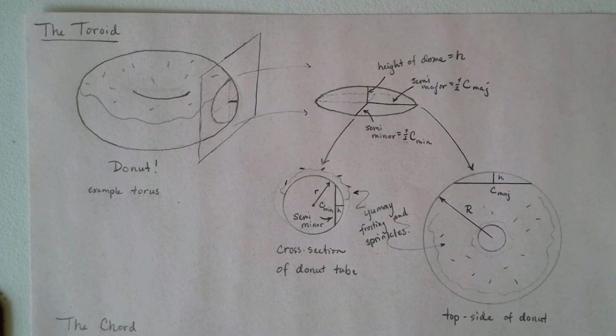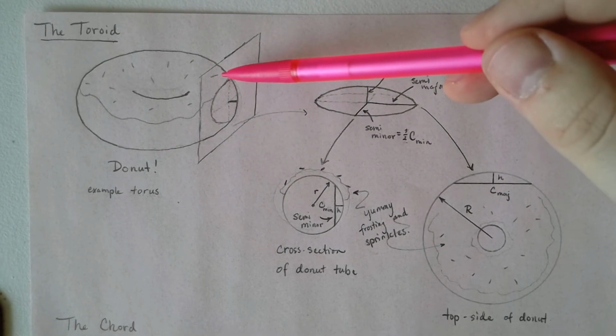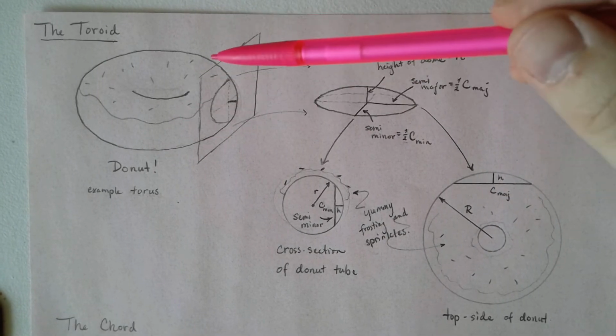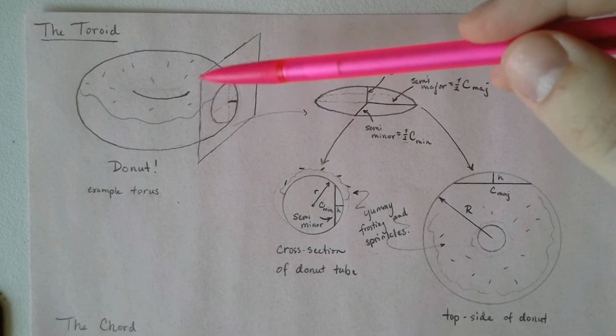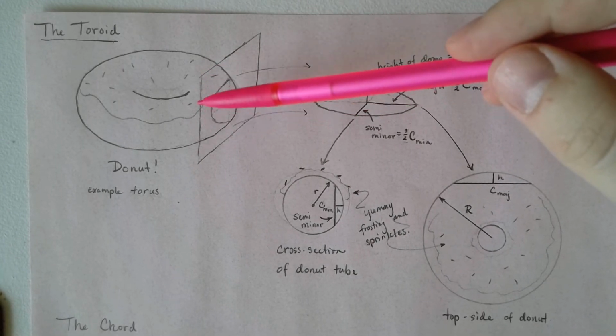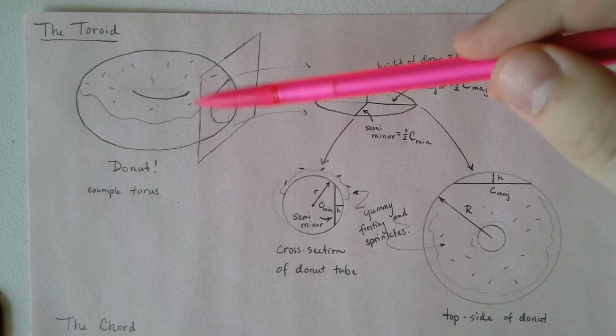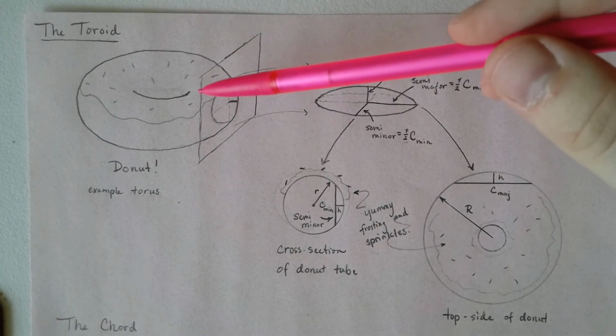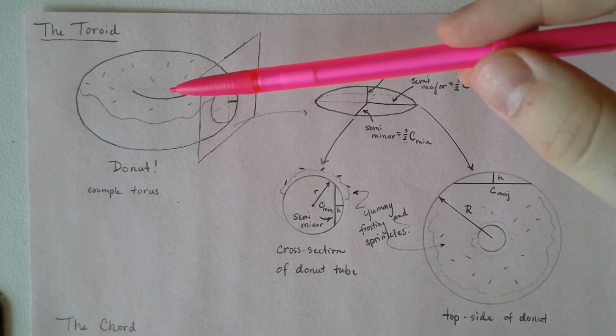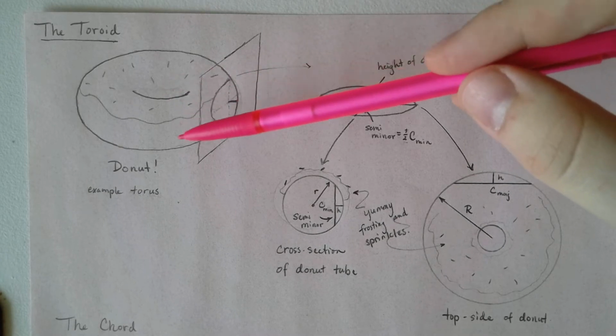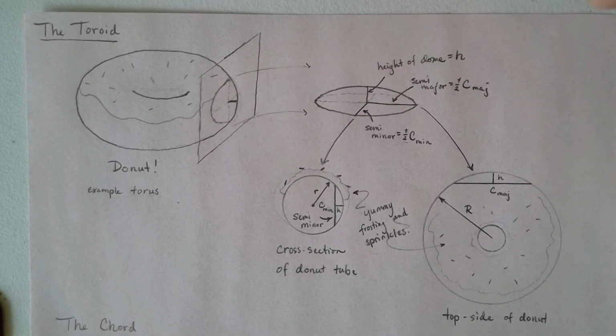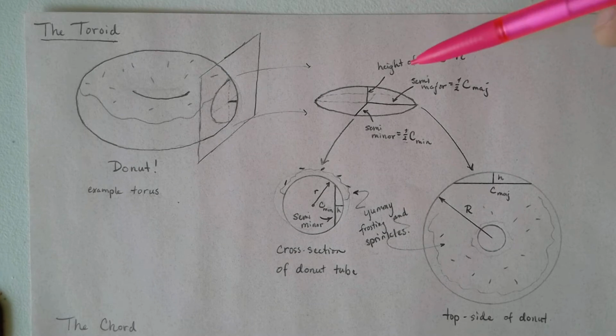As an example, you may be very familiar with donuts, even tires. To some extent, tires kind of have a torus shape, but overall they're classified as a toroid, but donuts are the go-to example for a torus.